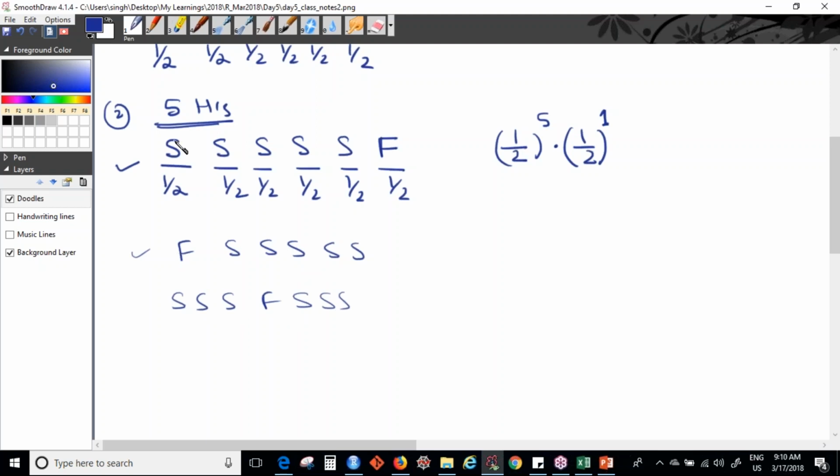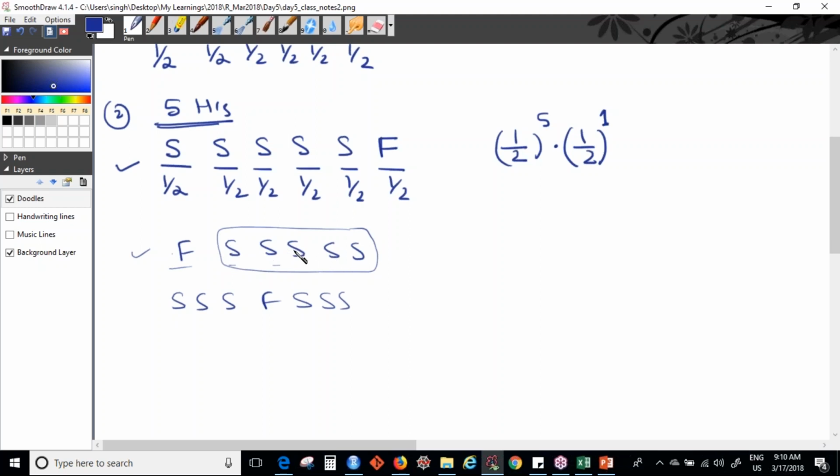So the same outcome can be shown in different ways. Can you find out in how many ways you can arrange 5 successes in a total of 6 places? Again, this is high school probability. Can you arrange 5 successes in 6 places?